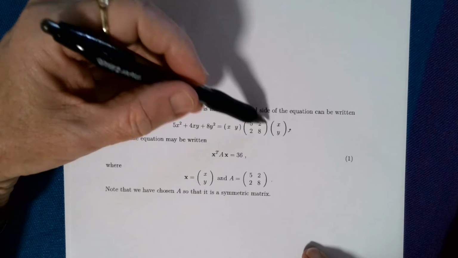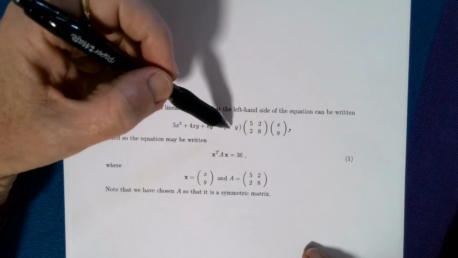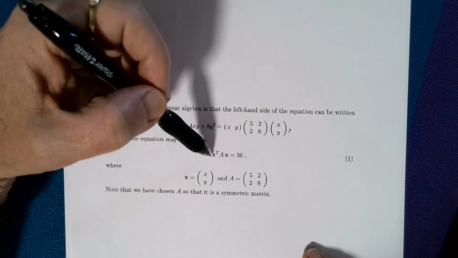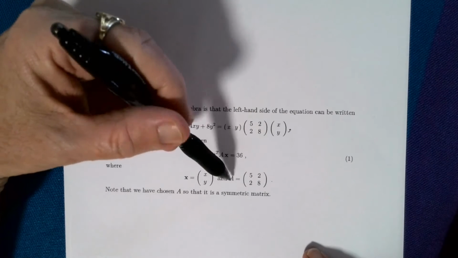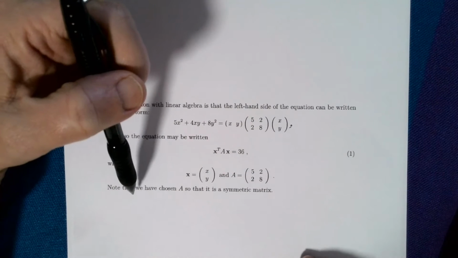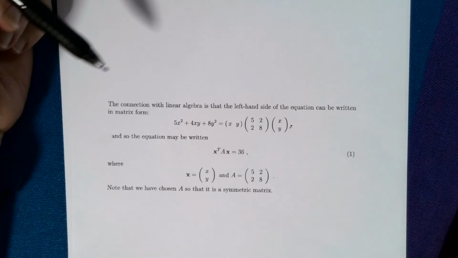I'll call this matrix A, and there's vector x there. So this is vector x for this vector x y, and this is the transpose of that one. So vector x is x y and A is this matrix. And I've chosen the A when I wrote it in this form so that A is a symmetric matrix.